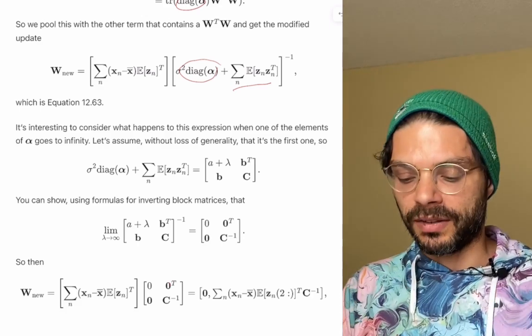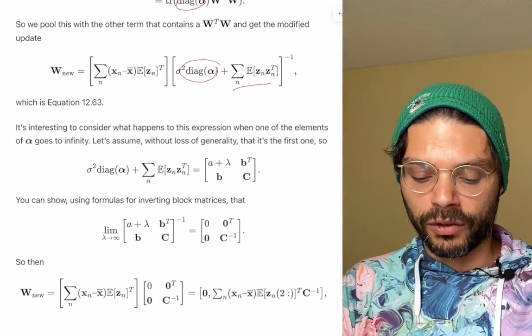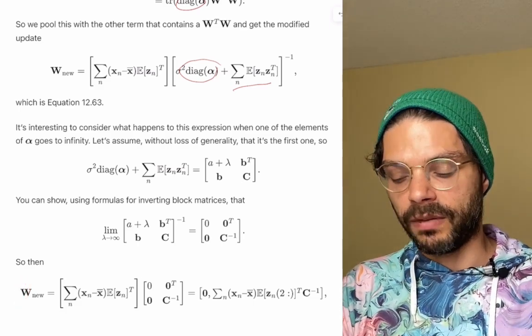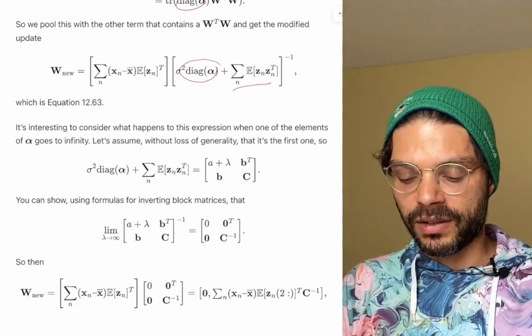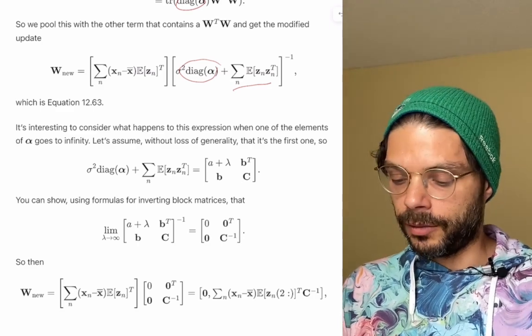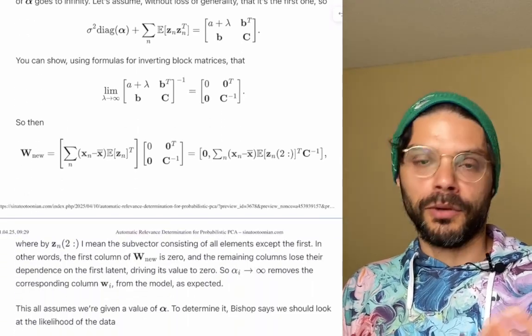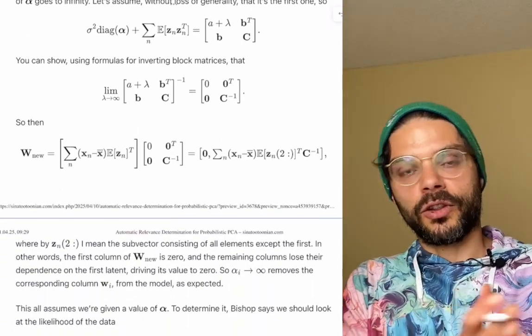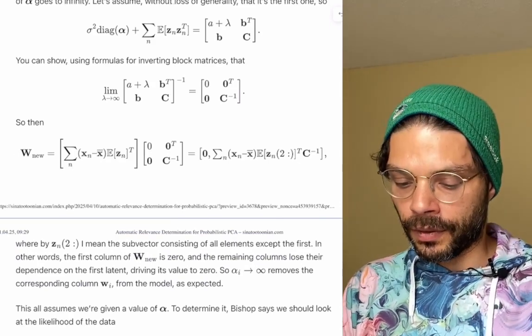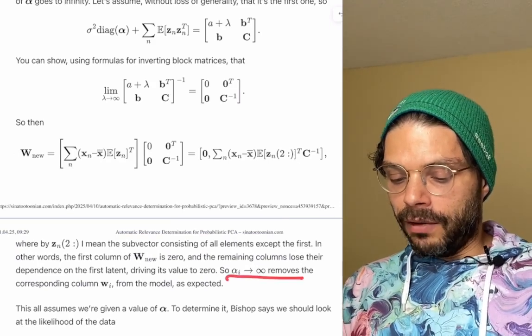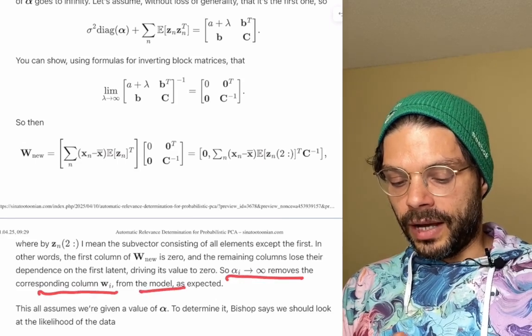It's going to be multiplying 0. So effectively what that's going to do is remove the first column of W and also remove the influence of the first latent variable. And so effectively that whole dimension just drops out from the model. So alpha I removes the corresponding column Wi from the model as expected.